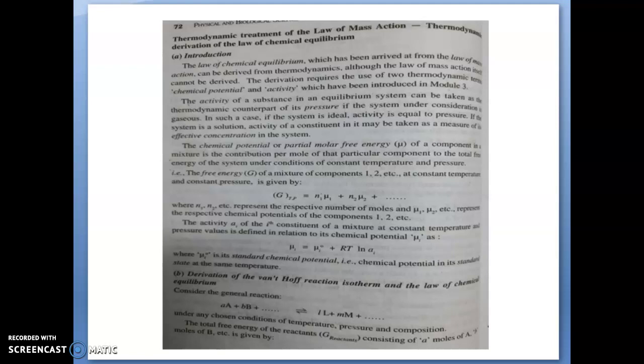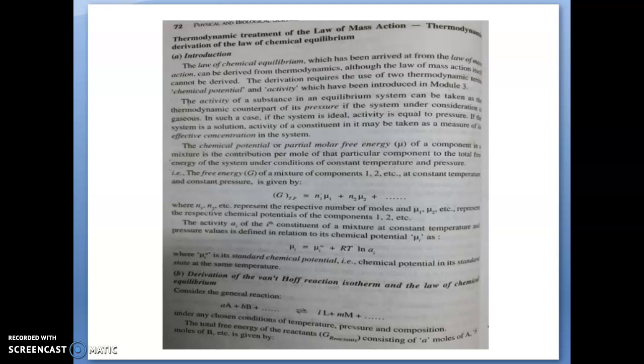Activity of a substance in equilibria can be taken as the thermodynamic counterpart of pressure if the system considered is gaseous. If the system is gaseous, then we take the activity in terms of pressure. In the liquid state, the effective concentration is taken as the activity.